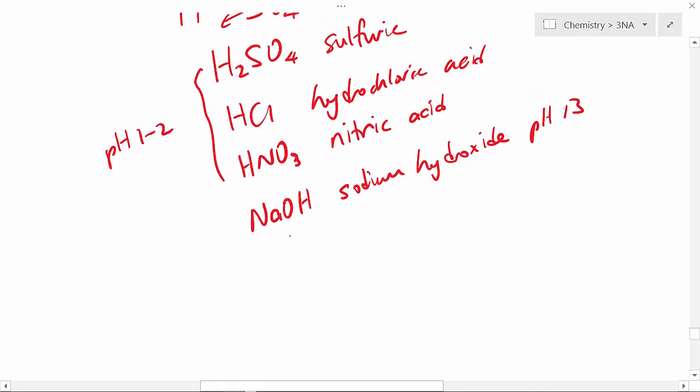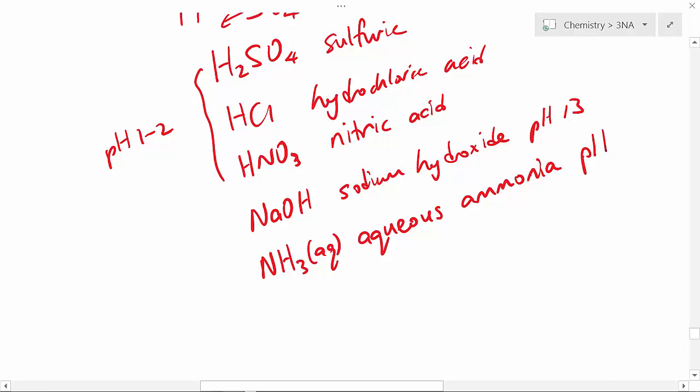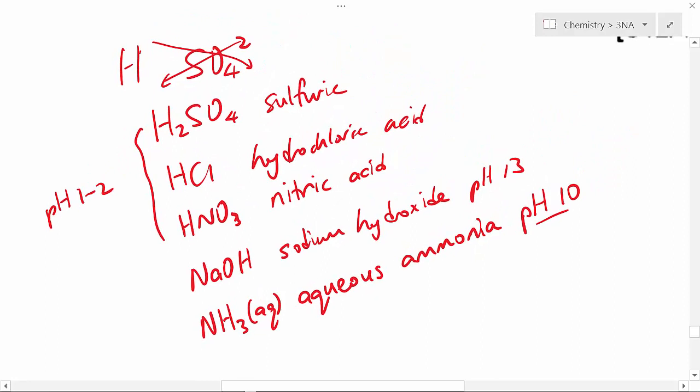Now another weak alkali is aqueous ammonia, usually written as NH3 (aq), call it aqueous ammonia. Okay, basically it's ammonia gas dissolved in water. This has a pH of about 10. Alright, so if you wonder whether to remember this, yes, please remember the facts. Okay, so you may want to write this down somewhere and then remember them.